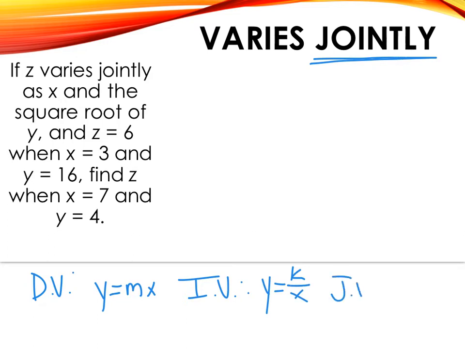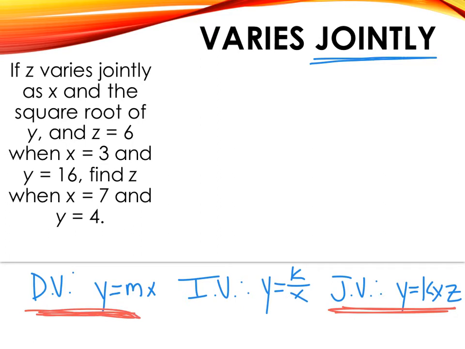Well, joint variation is y is equal to k times x and z. So it's very similar. Joint variation and direct variation are super similar because it's just multiplication, but joint variation means that there are two things that are causing this to change, while direct variation means there's only one thing that causes this to change.